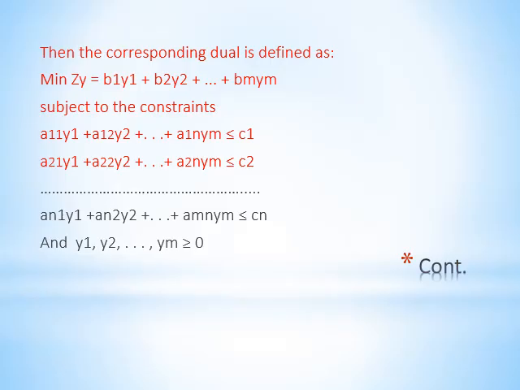As you remember, c1, c2, cn were the coefficients of the decision variables of the primal problem.